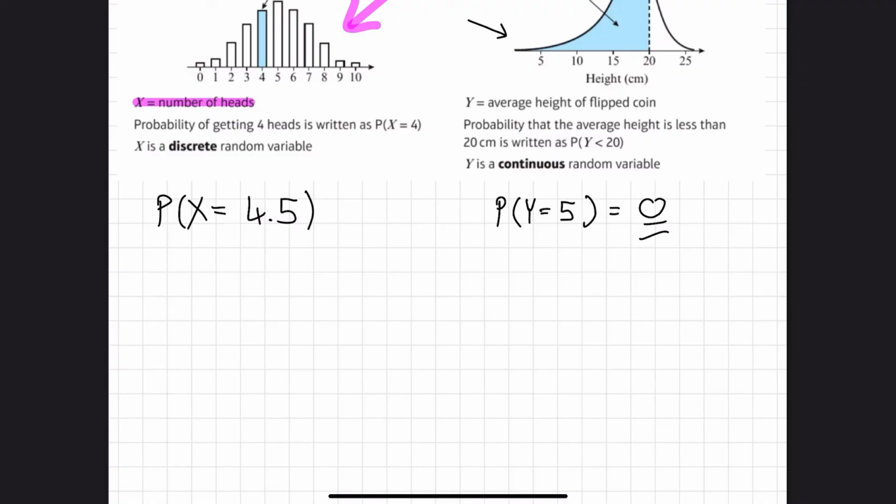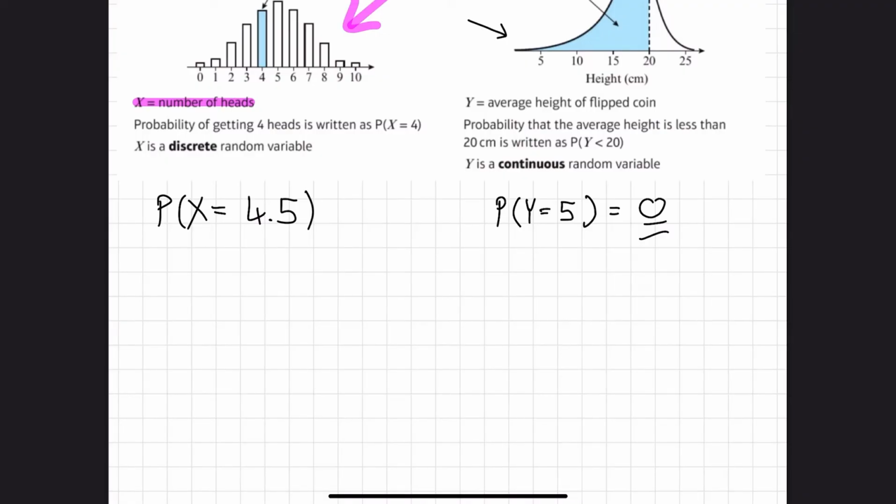The likelihood of it being exactly 5 centimeters high when you flip a coin is going to be very, very small. It might be like 0.000001. It's so small that in probability theory, we just call the probability of any specific value in a continuous random variable 0.